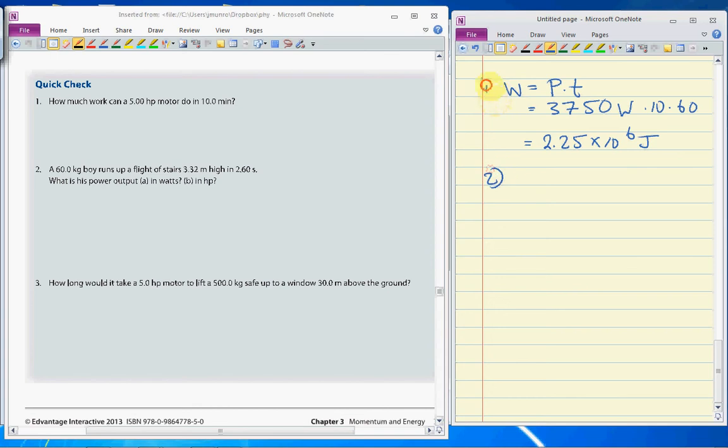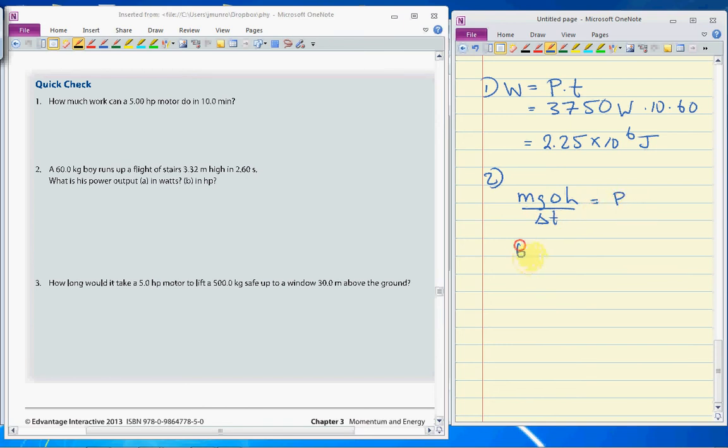Question number 2 wants to know, if you have this 60 kilogram boy run up a flight of stairs in 2.6 seconds, what is his power output? Well, his power is equal to his work divided by the time, so his change in potential energy, mg delta h over change in time, is equal to his power.